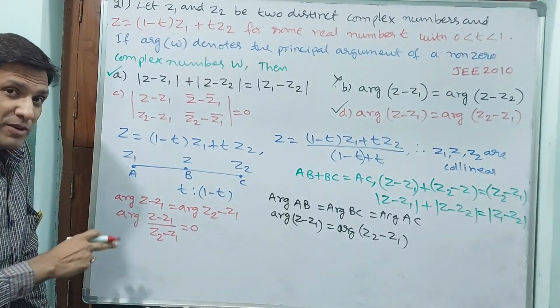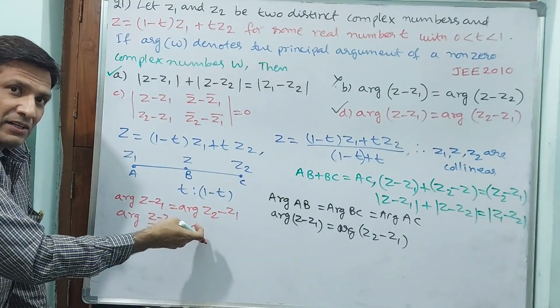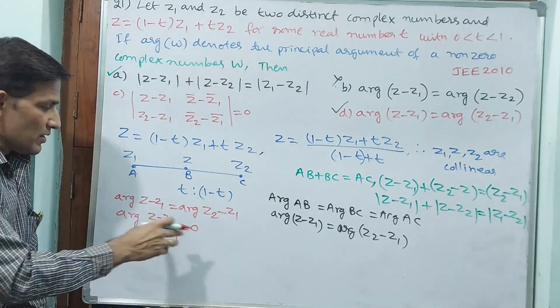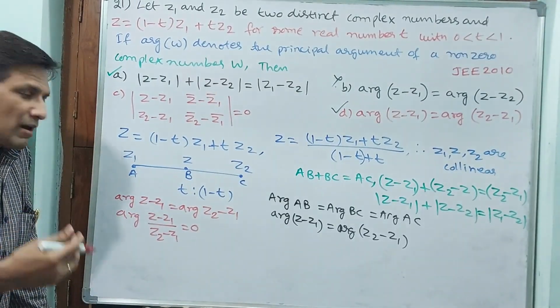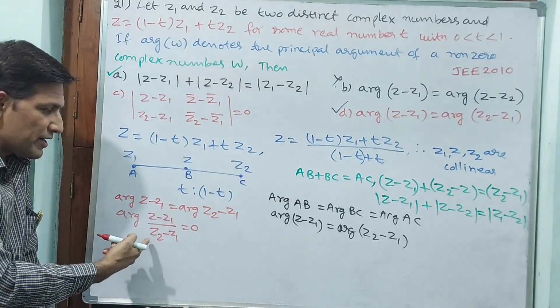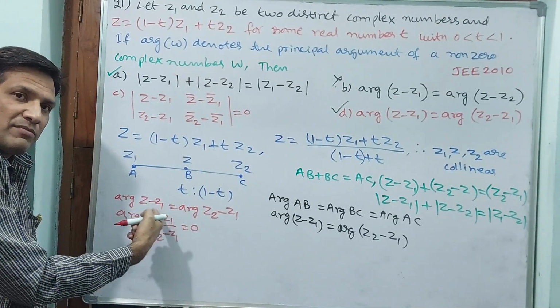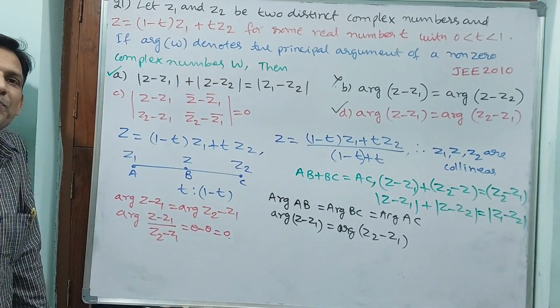But this is not algebra, this is argument. In vectors, this is a theta. Division means the angle is going to become negative. Multiplication means the angle is going to become addition. Here you are dividing, so theta minus theta. When both thetas are the same, theta minus theta is equal to 0.